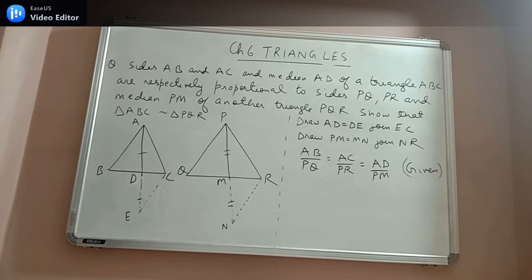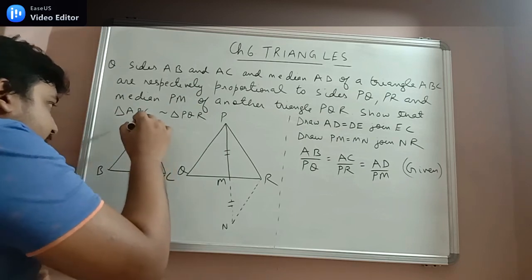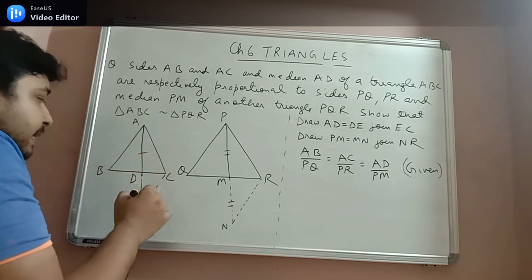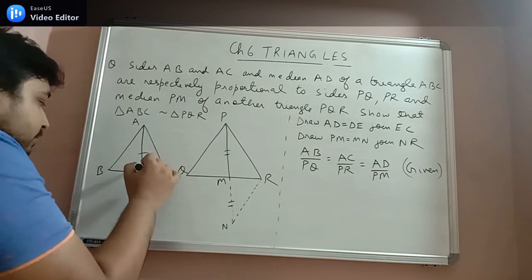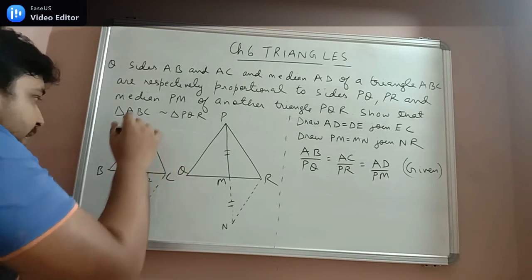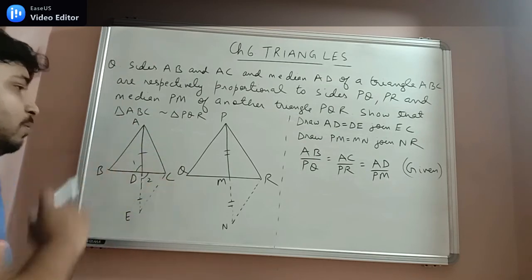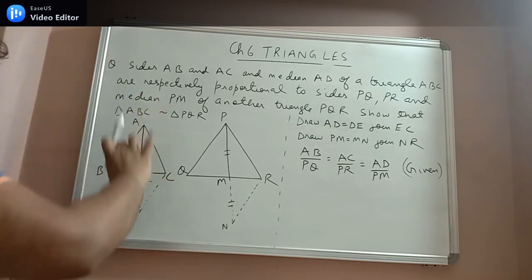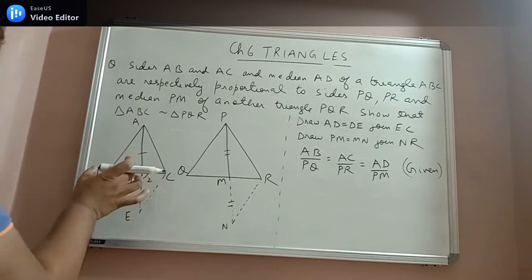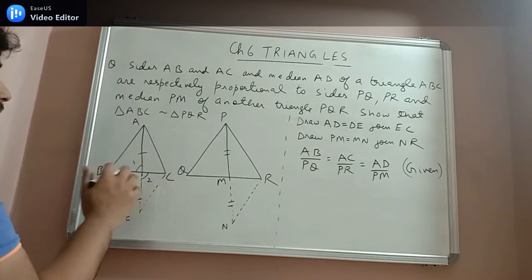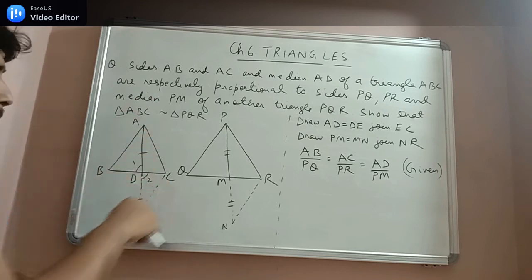Now, let us consider triangle ADB and triangle EDC. Angle 1 equal to angle 2, AD equal to DE, and BD is equal to DC because AD is the median.